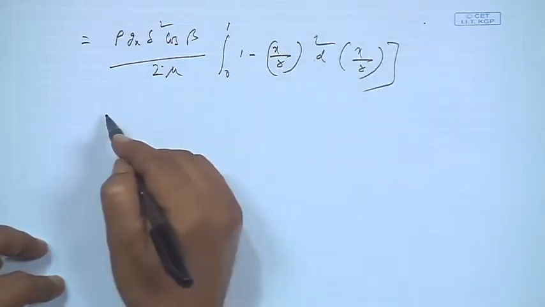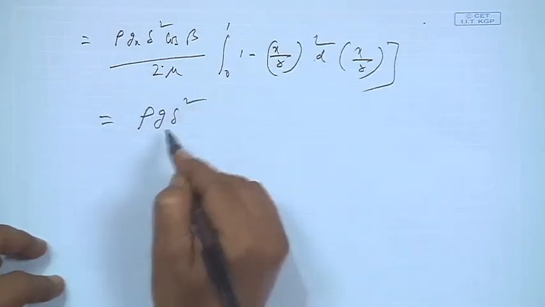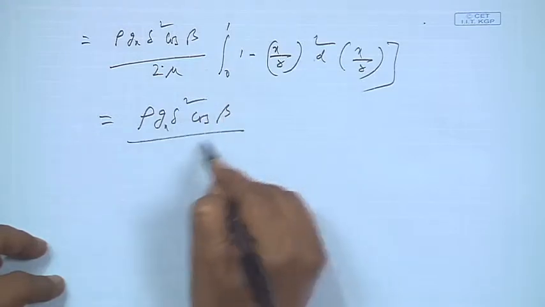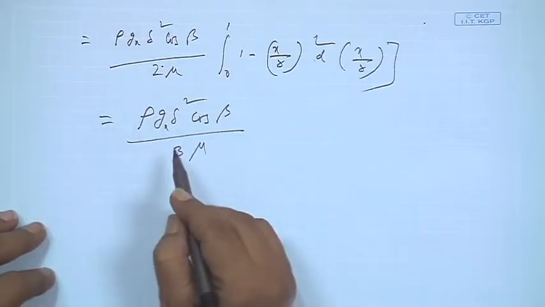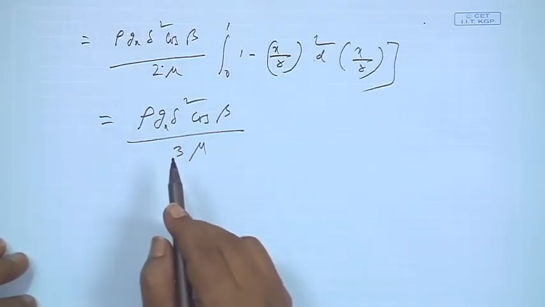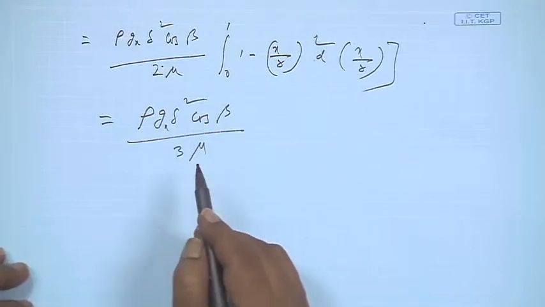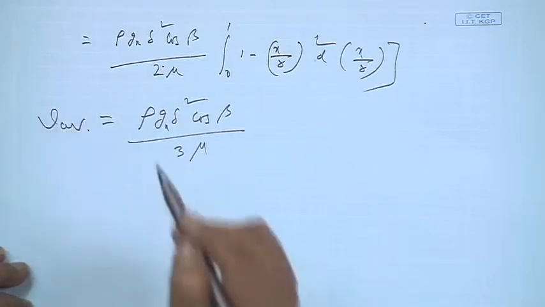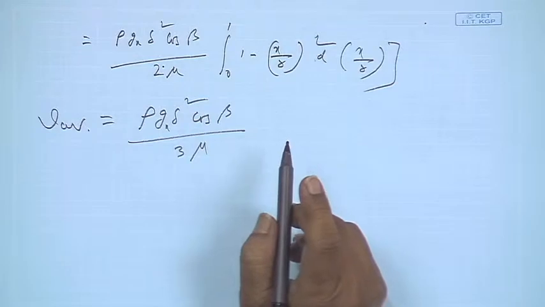So that equals rho gx del square cos beta by 3 mu. So the average velocity is rho gx del square cos beta by 3 mu. V max we have seen, V average we have seen.